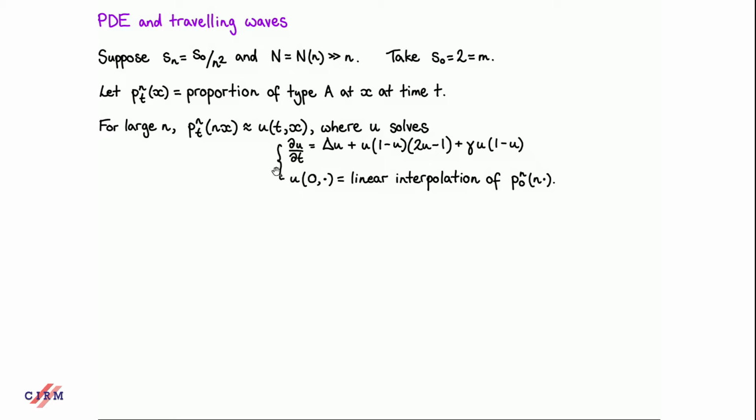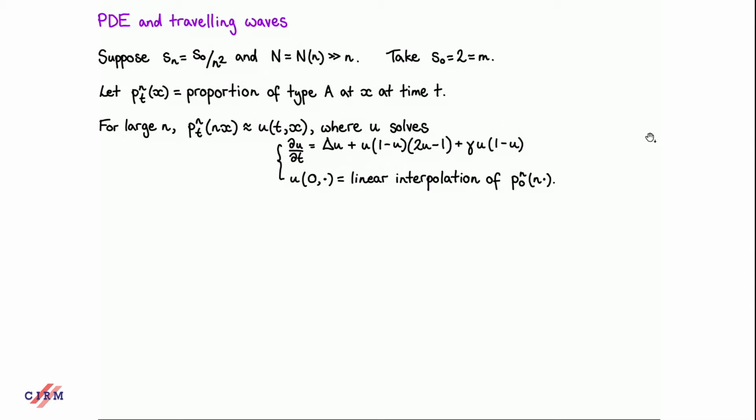So du by dt is the Laplacian of u plus two nonlinear terms, and then the initial condition is given by the linear interpolation of the scaled initial condition for Pn. You can see that the second nonlinear term that we have here is the same as the nonlinear term in the Fisher-KPP equation, and then we've also got this extra nonlinear term here.